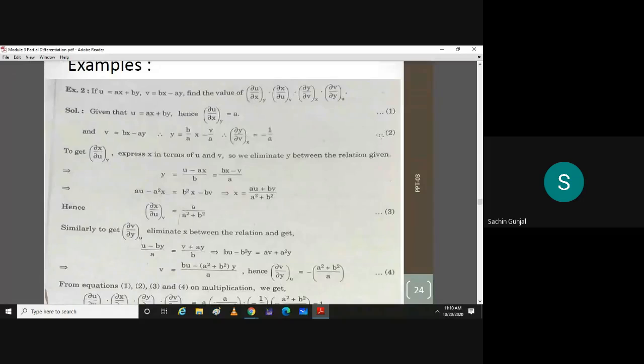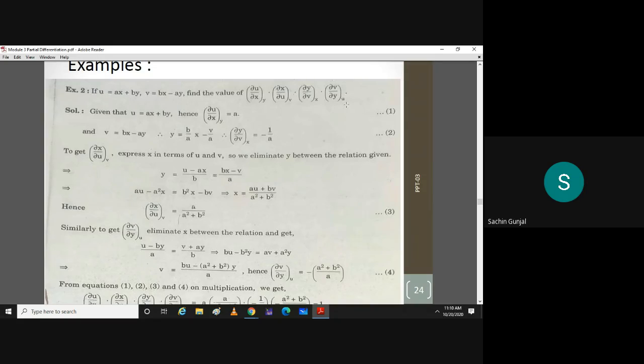In this second equation, if you differentiate with respect to v, this is 1 equals 0 minus a times ∂y/∂v. So that becomes −1/a. Fine? Yes, sir. Okay, fine.